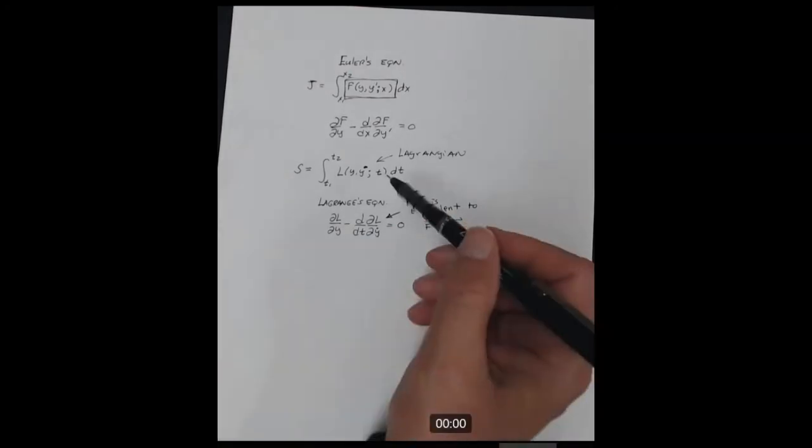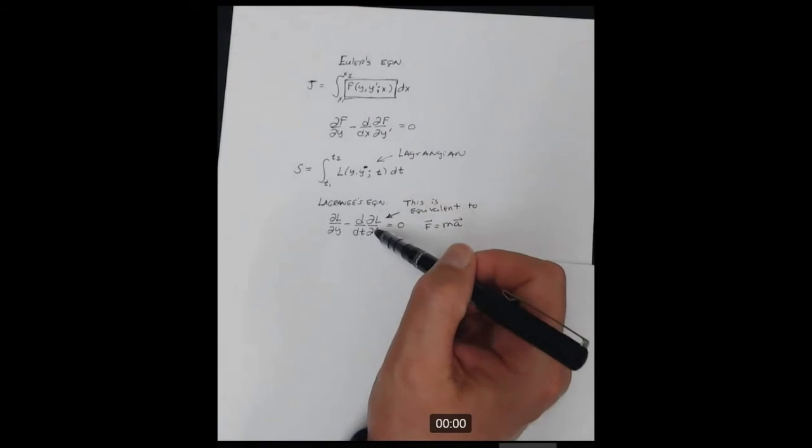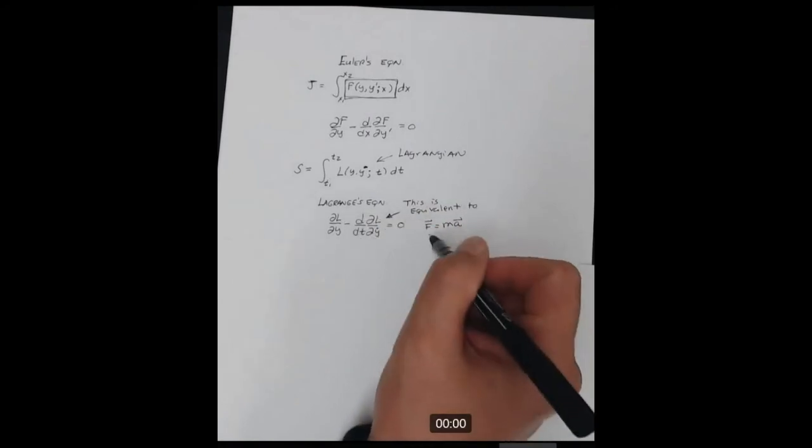So we're going to talk more about what this is, and then I'm going to show you that Lagrange's equation is equivalent to F equals ma. And then in the next videos, we'll apply Lagrange's equation. So this is called the Lagrangian method instead of the Newtonian method of physics.